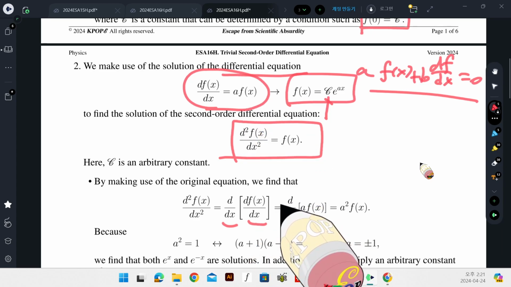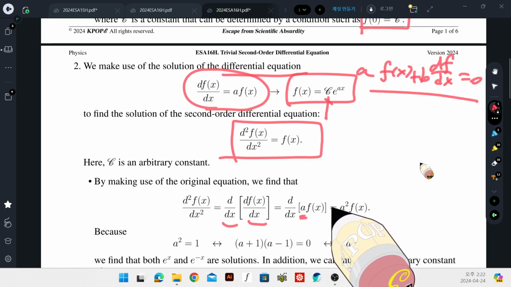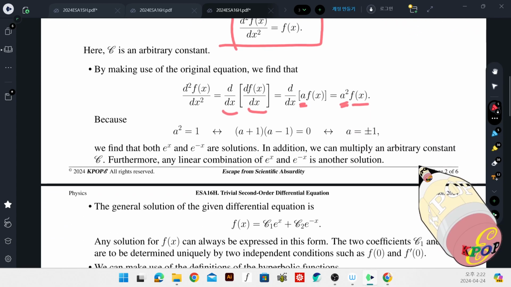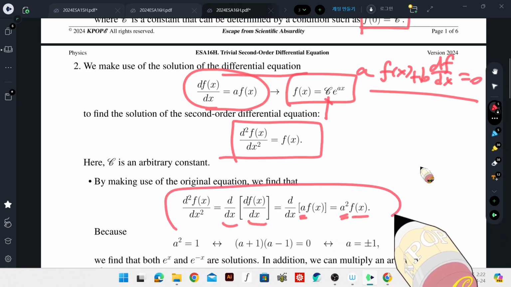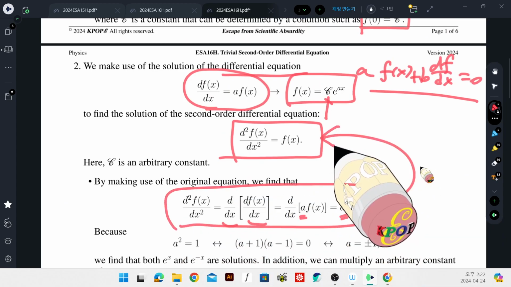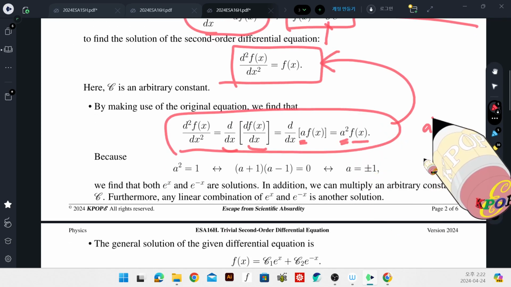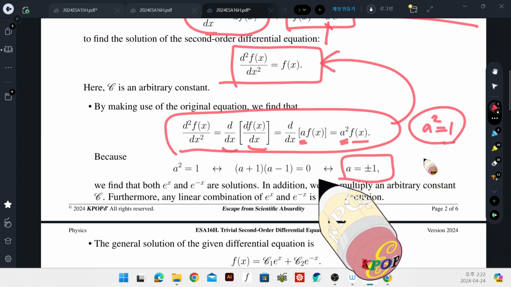So the first-order derivative gives a, and another derivative will bring in another factor a, so a squared multiplied by f of x. If this differential equation is identical to this, then it is true if a squared equals 1. The solution of this quadratic equation is a plus minus 1.